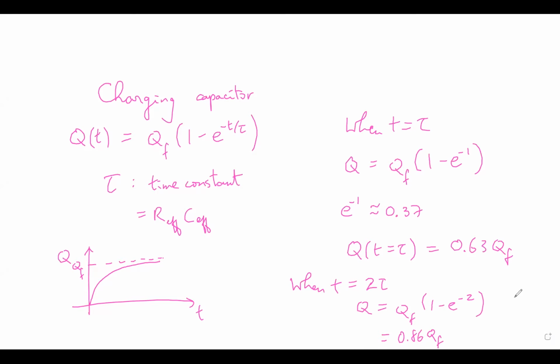So after 3 tau worth of time, you will have reached 95% of your final charge value. The important features of the graph to note here are that initially it rises very steeply, and then later on the slope here is close to 0, which indicates that the current through the capacitor is close to 0.